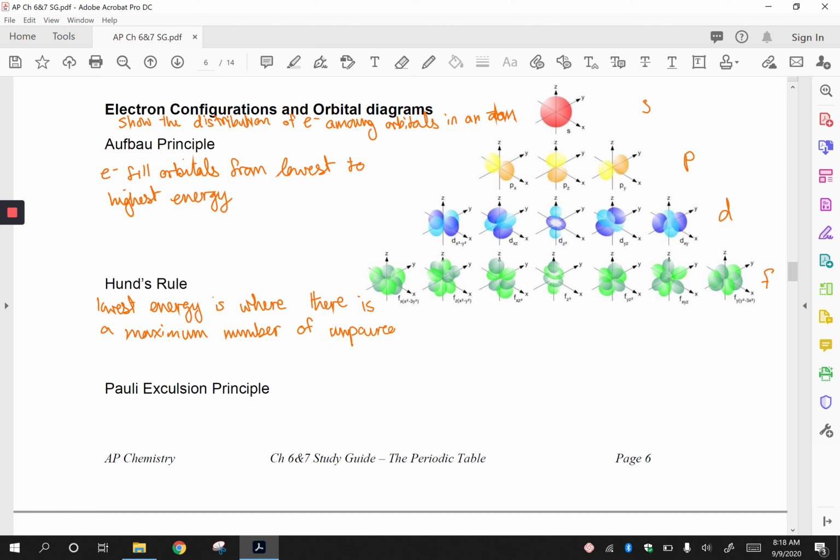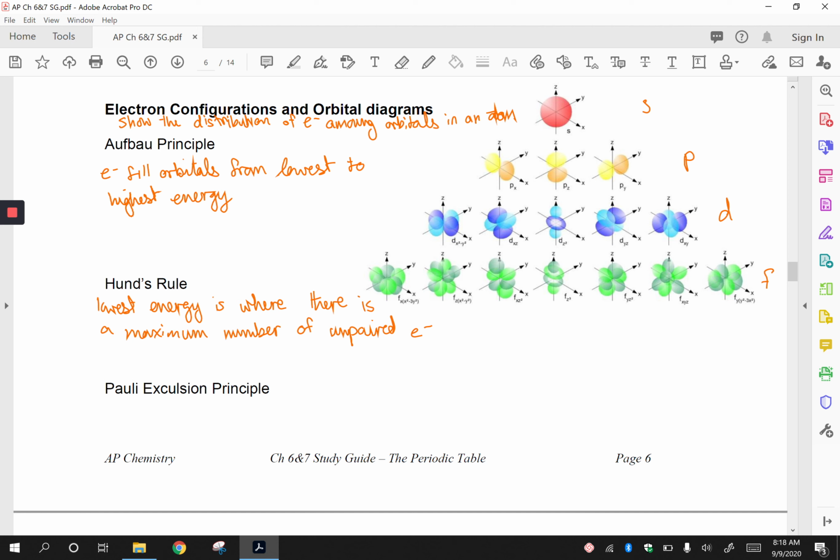Now, nature prefers low energy, right? The lower your potential energy, the more stable you are. And so nature prefers things to have low energy. That means they're more stable, they're not likely to change as much. And so that's why the electrons fill the orbitals from lowest to highest energy.